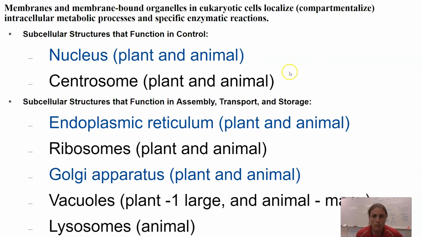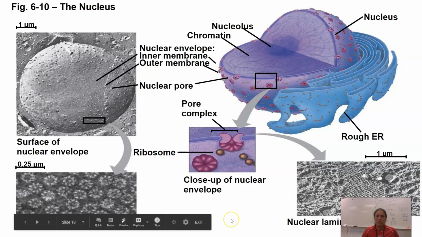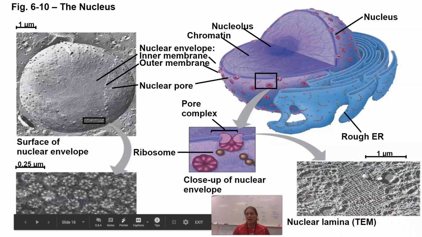Okay, so before we get going too far, here's our nucleus. The big thing here is that the shape of the nucleus contributes to its function. We have its own little membrane, the nuclear envelope. On the nuclear envelope, there are pores located all throughout, and these pores allow nucleic acid information in and out of the nucleus.